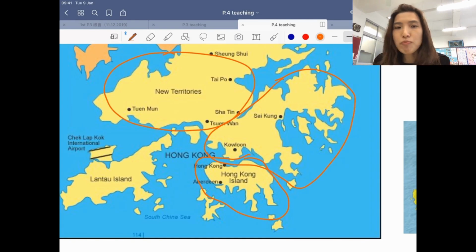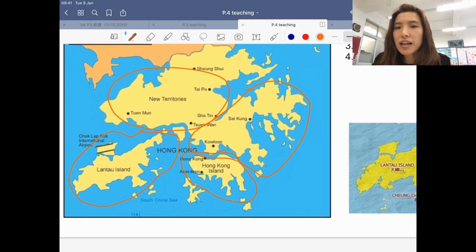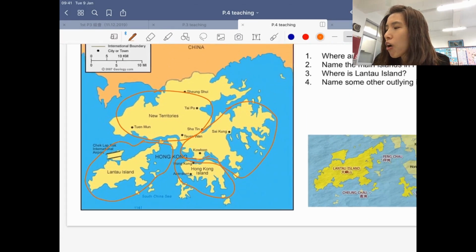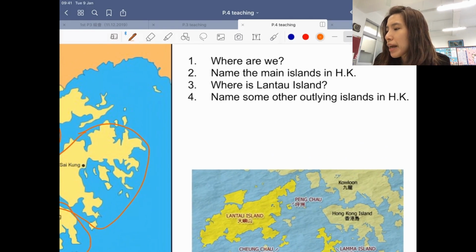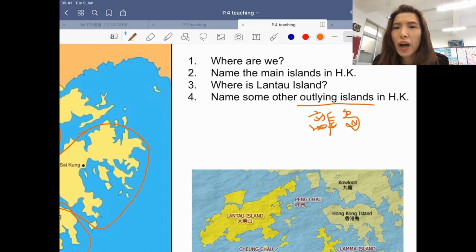But then in practice 1, they talk about Lantau Island, and Lantau Island is this big island. So what do we call these kinds of islands that are not the main islands in Hong Kong? We call them outlying islands. In Chinese it means 離島. So I'm sure you have been to quite a number of outlying islands in Hong Kong. Can you name other outlying islands in Hong Kong?